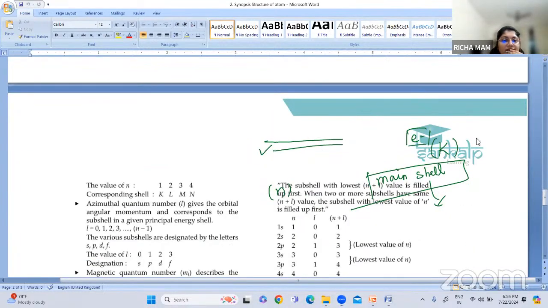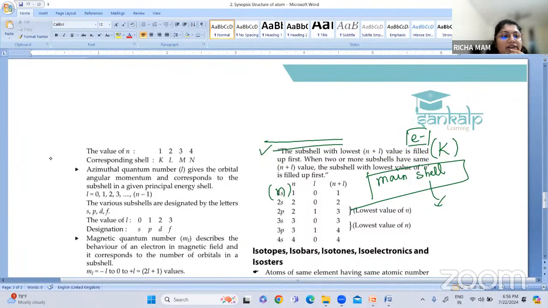Suppose the value of the principal quantum number is 1; that means the electron is staying in the K house. If the value is 2, it is staying in the L house.